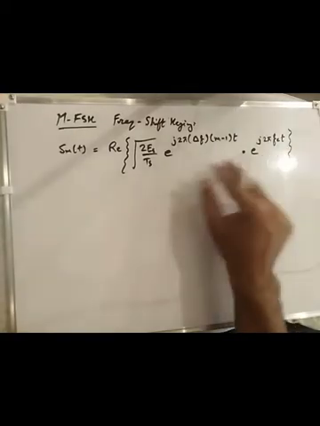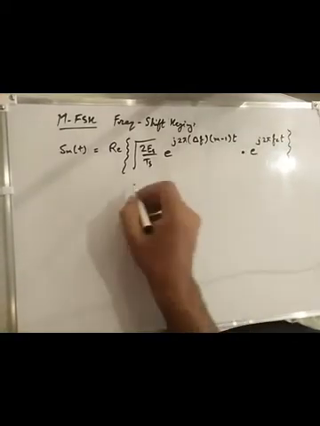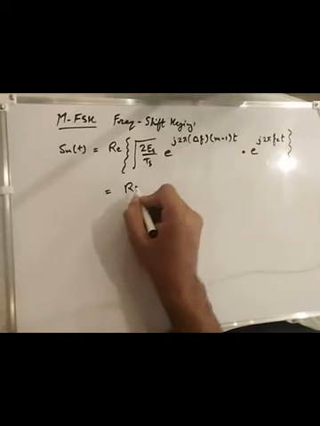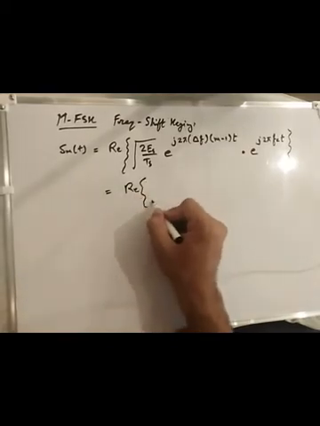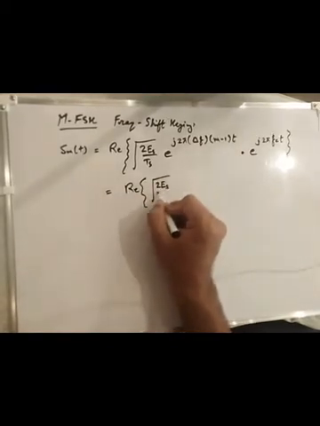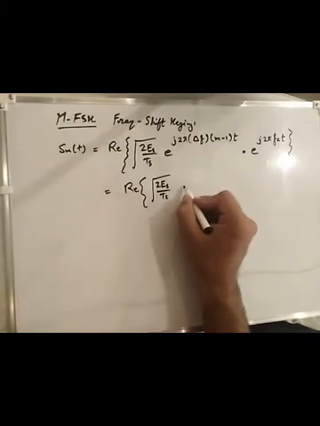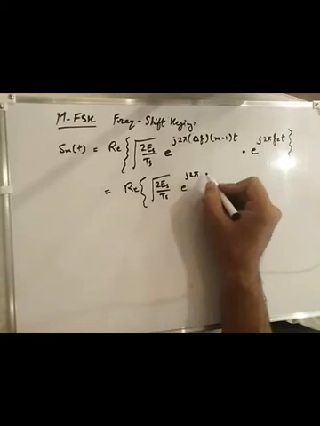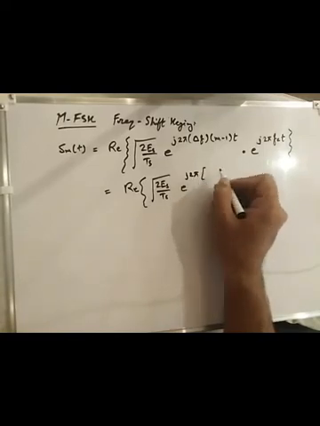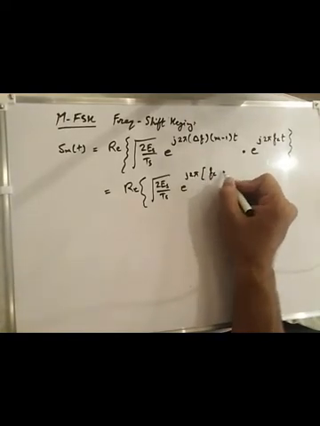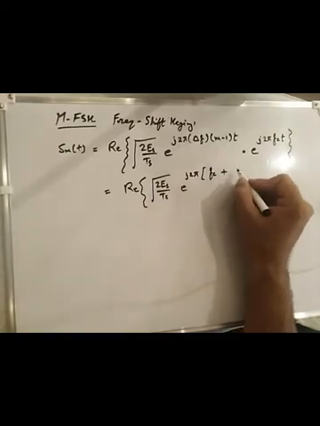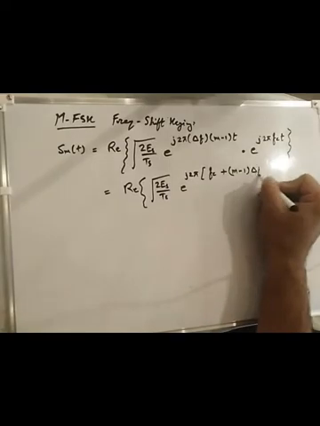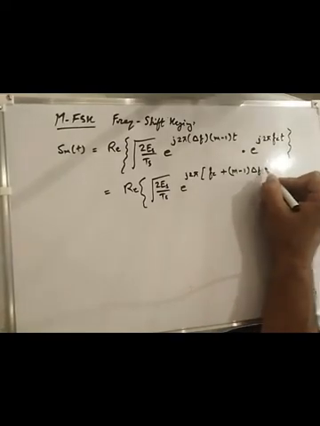So if you combine the two exponentials, you will get the real part of square root of 2Es over Ts e raised to power j 2 pi (fc plus (m minus 1) times delta f) t.